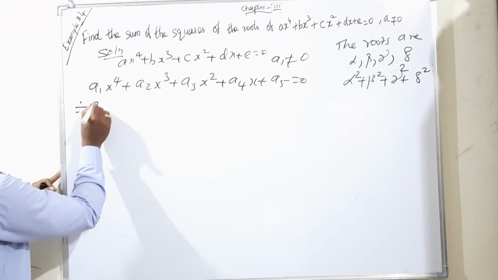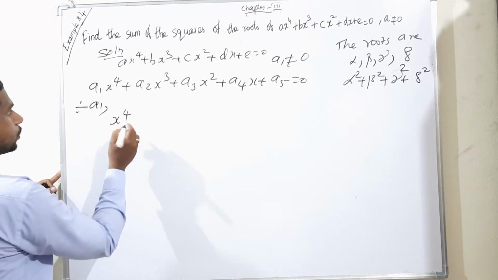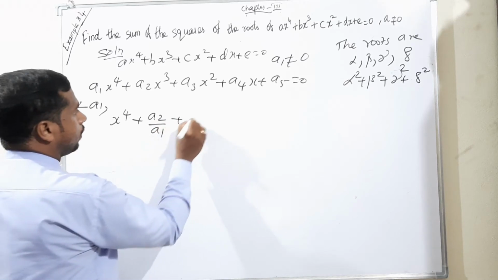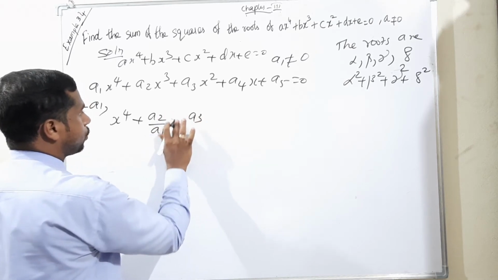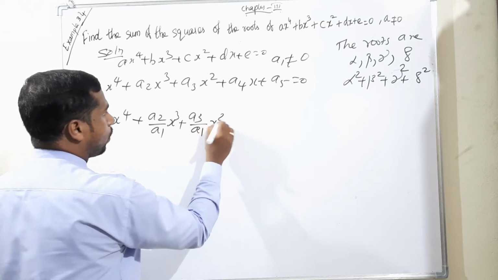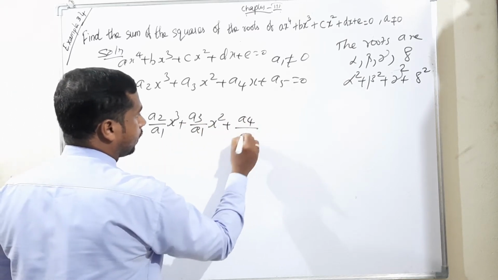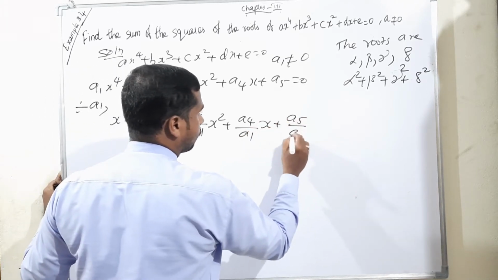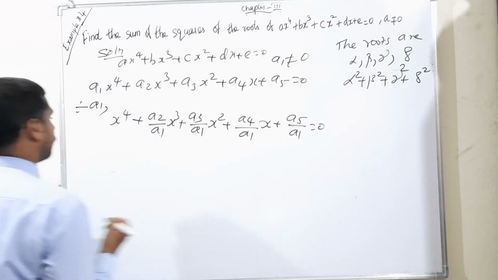Then dividing each and every term by a1: x to the power 4, then a2 by a1 into x cube, then a3 by a1 into x square, then a4 by a1 into x, and the constant a5 by a1 is equal to 0.